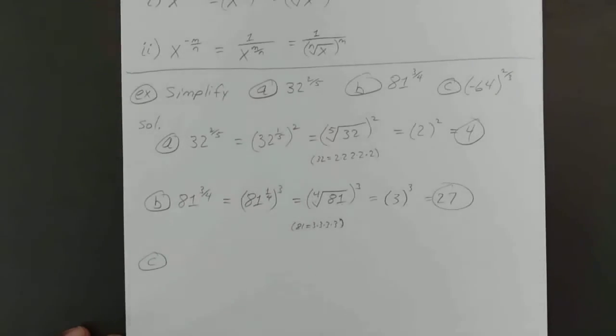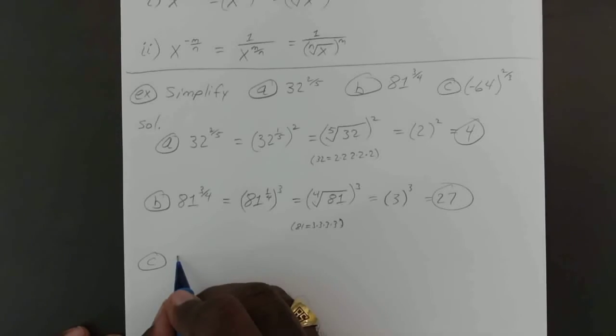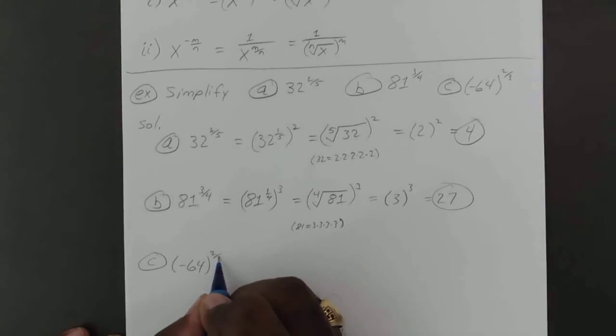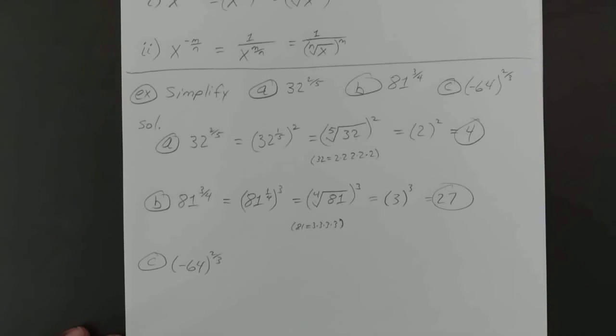Okay, so let's say for C, you have the negative 64 to the 2/3 power. Remember, you're going to get your exponent, your numerator, and you're going to bring that on the outside.